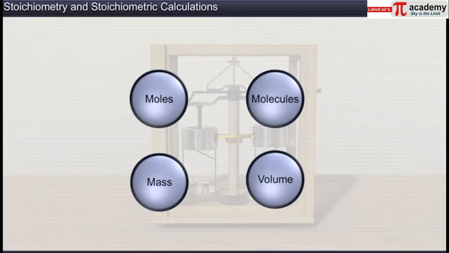A balanced equation helps determine the quantitative relationship between the reactants and products in terms of number of moles, molecules, atomic masses, and volumes.